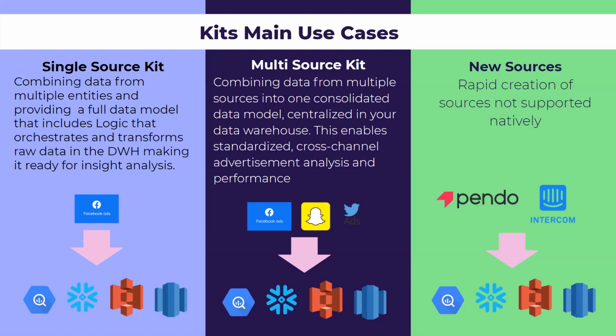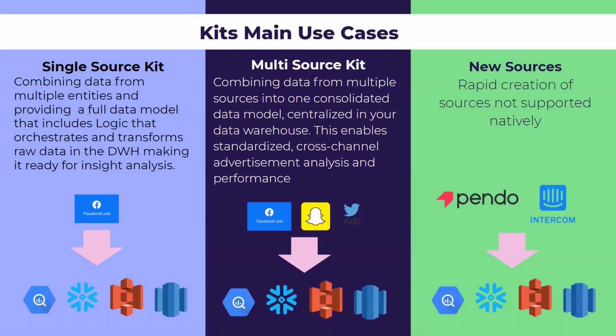The second use case is multi-source kits, and that is really organized around popular use cases such as social media, event management, or mobile app attribution, cases where you have multiple sources.